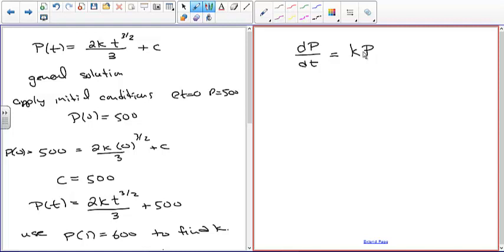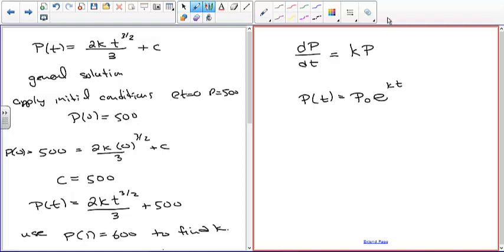If the number governs how fast things change, then you have this differential equation. It turns out that the solution to this, when we go to Chapter 5 and Chapter 6, is that the population as a function of time is equal to some initial population, we'll call it P0, times e to the kt. So it's an exponential equation.